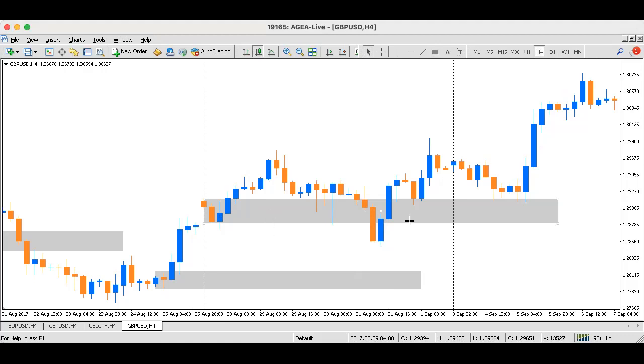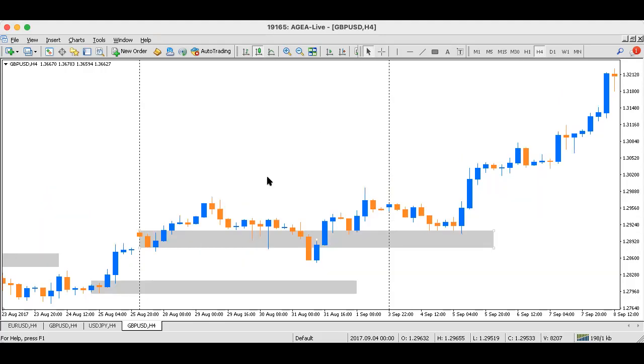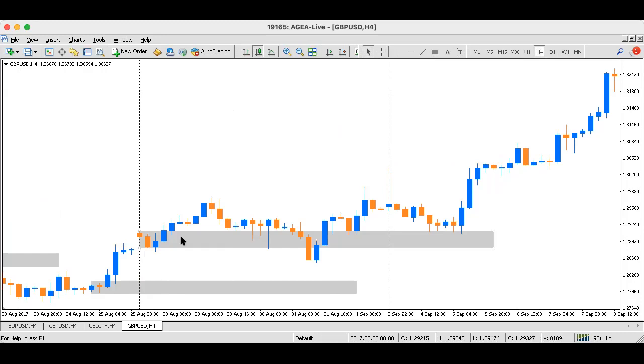That whole week, how many pips did we move? We moved 140 pips. It's quite normal. So where is even the sandwich? Okay, this was the sandwich for the week.